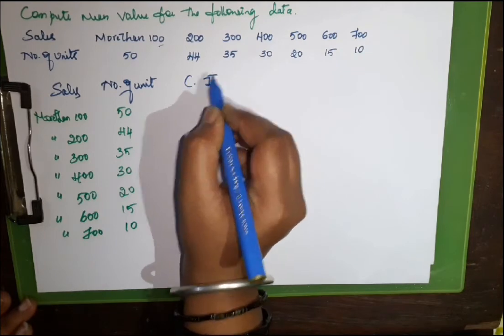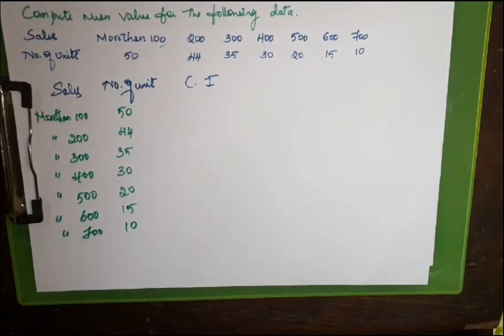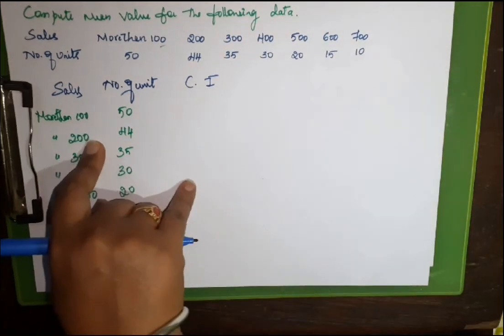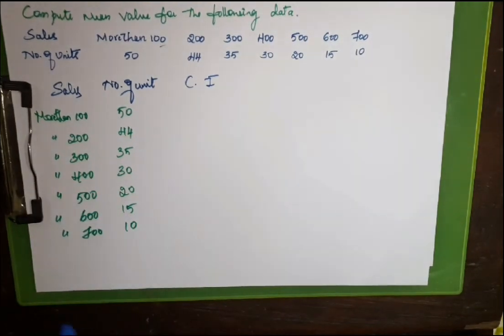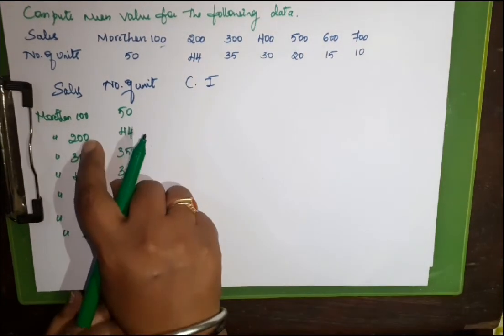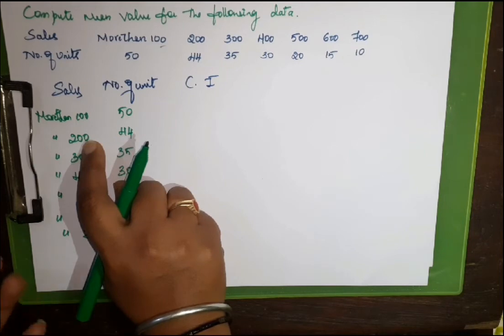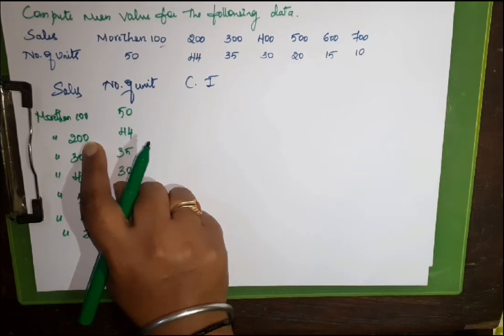Okay, very simple class interval. Find the difference between the given classes. 100 and 200 they have given. So there is a difference of 100. So they have given the lower limit. So our upper limit is the lower limit of the second class.